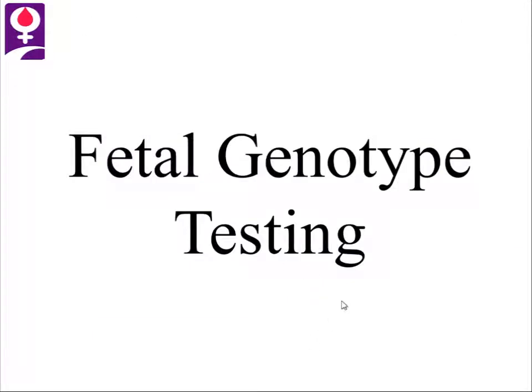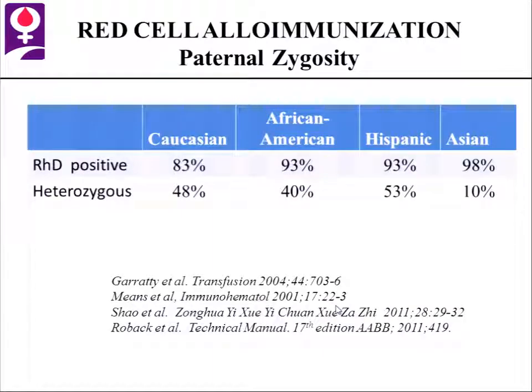So the thing that's changed the most for me in the course of these 25 years is the use of DNA techniques to determine whether the fetus is at risk. It was interesting trying to find this data because it's not easily published. I have to look at multiple sources. But if you look at various ethnicities, you can see the Rh positive rates of Caucasians, African Americans, Hispanics, and Asians.